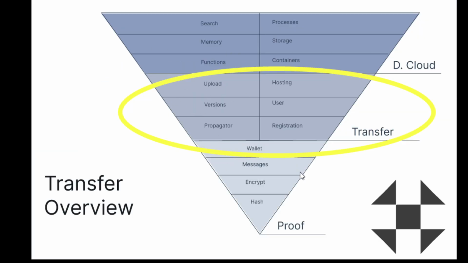The transfer protocol sits on top of the proof layer, which you may have just heard about, and it handles things like file uploads, website uploads, validation, hosting, so acting like a web server through WebRTC or HTTP, version control of documents, like being able to tell which version of a document has existed or does exist, user registration, user management, propagation of data across nodes, and registration on the network.